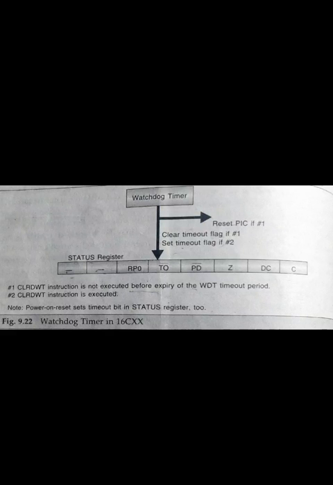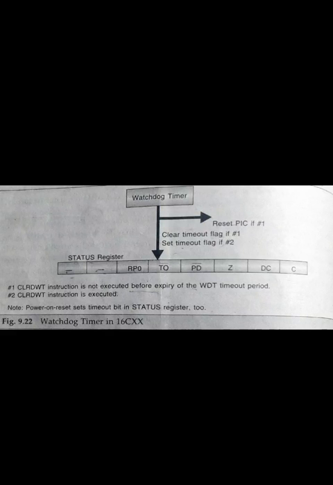The operation of the watchdog timer also affects the PIC power-down mode. The execution of the sleep command leads to entering the power-down mode. This also clears the watchdog timer if enabled, but keeps it running. Upon power-on reset or execution of the clear watchdog timer instruction, the power-down flag in the status register is set.